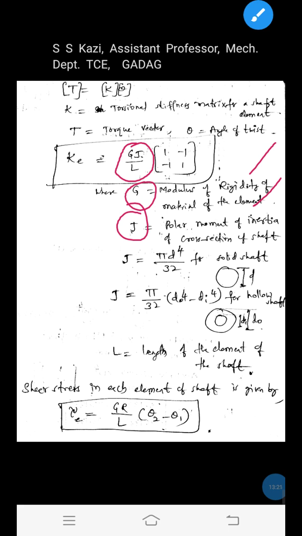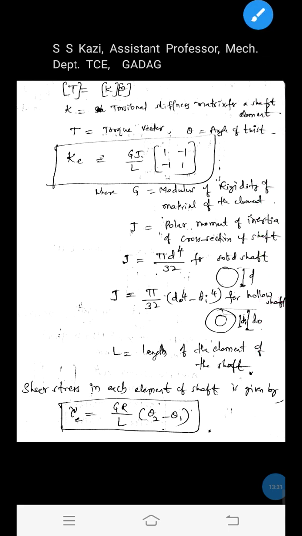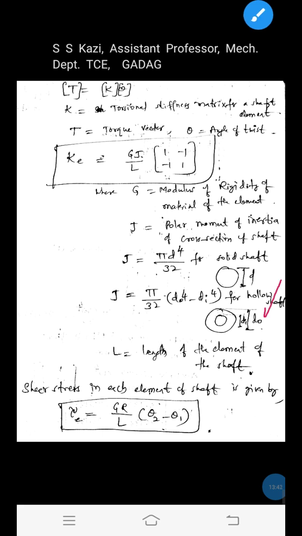Now what is the polar moment of inertia? For a solid shaft, J is pi d raised to 4 by 32, where d is the diameter of the solid shaft. If it is a hollow shaft, then the polar moment of inertia J is given by pi by 32 into (d naught raised to 4 minus di raised to 4), where d naught is the outer diameter of the shaft and di is the inner diameter of the shaft.